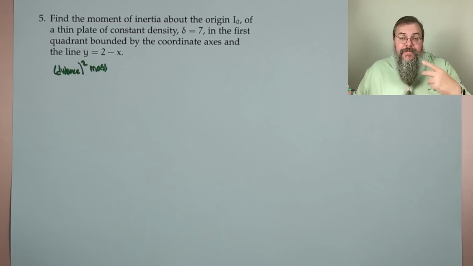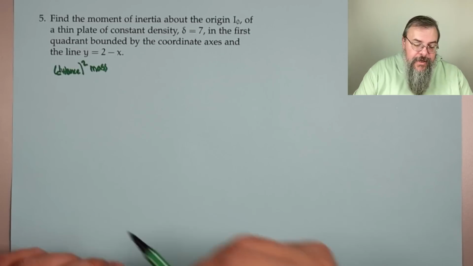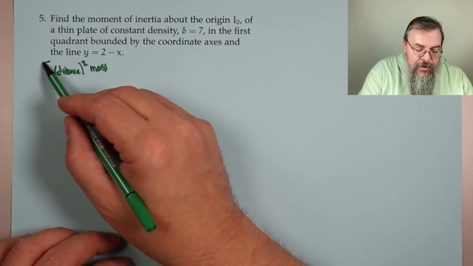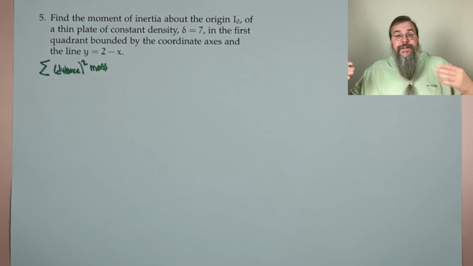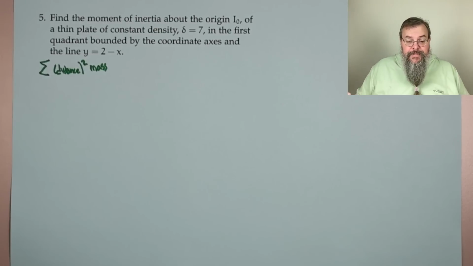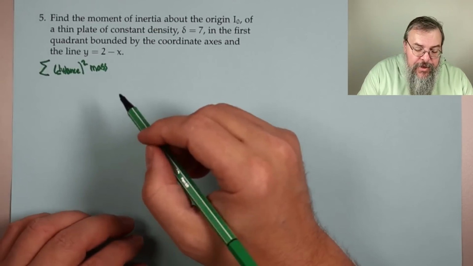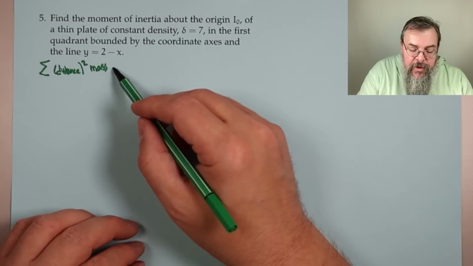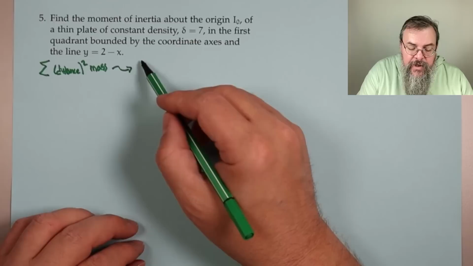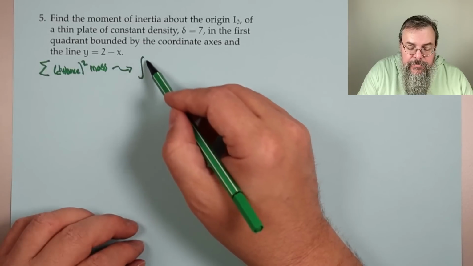That's the idea. Now, where does integration come in? Well, if you have a big object, break it into pieces, add them up. And break into smaller and smaller pieces, and instead of a sum, you get an integral.